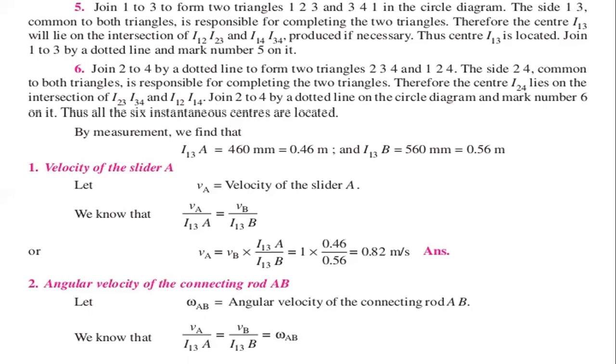Now we are going to find the velocity of the slider A and the angular velocity of the connecting rod AB.